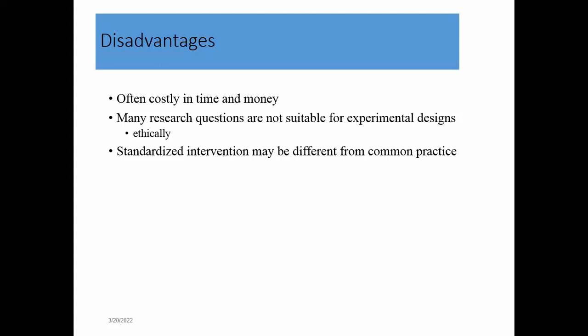It's life and death. You don't know whether you will die or whether the vaccine has more side effects or lethal ones. So it's not actually easy to get even the samples, it's like someone is offering his or her life. Then standardized intervention may be different from common practice.